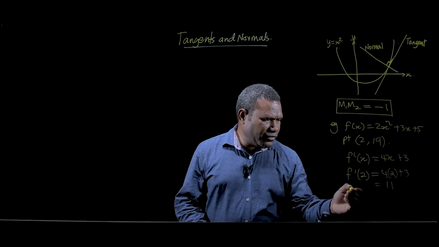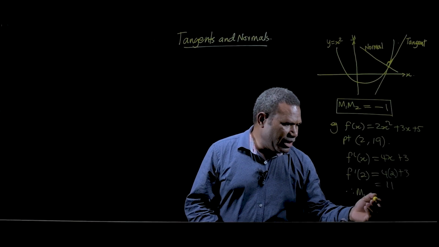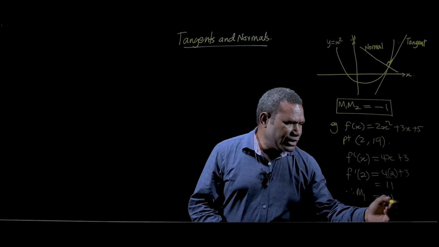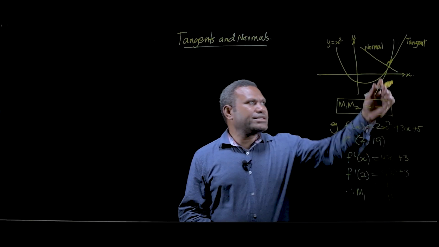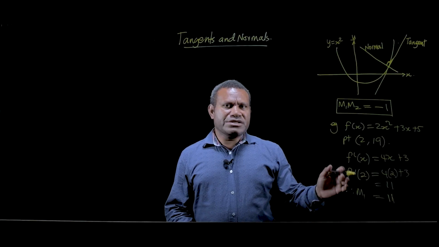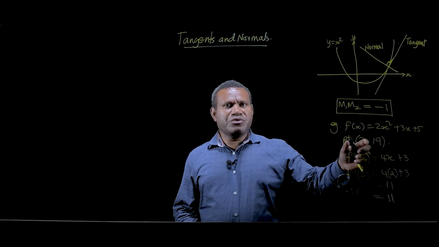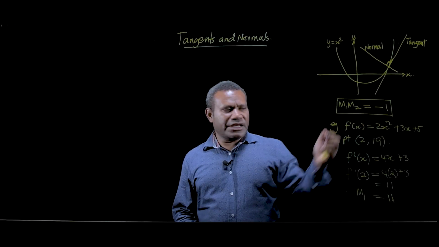Therefore, we conclude that m1, the gradient, is equal to 11, the gradient of this tangent line. From our previous lessons, the gradient that you calculate at a certain point is the gradient of the tangent line.